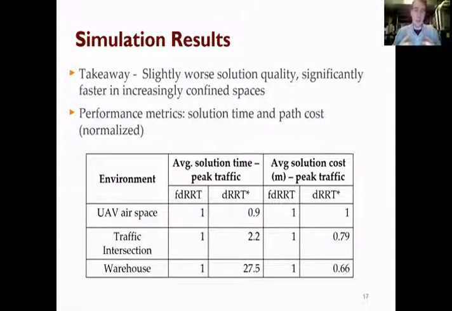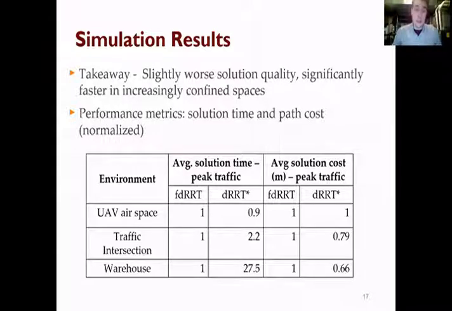And if we compare the normalized average solution times and the normalized average solution cost, what we find is that there's an implicit trade-off between picking between the two algorithms. So in our case, as the confinedness of the space increases, which we don't have a good quantitative metric for, but qualitatively, as the confinedness increases, the solution time for DRT star grows much faster than our algorithm.